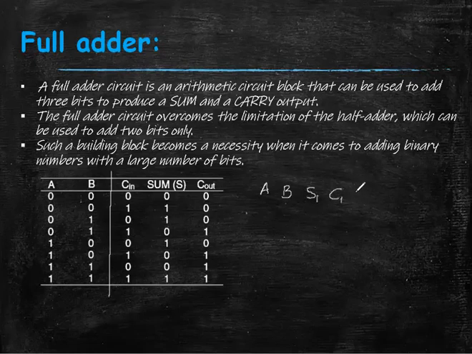Okay, and now we have another input, that is C. To add the third bit, what do we have to do?